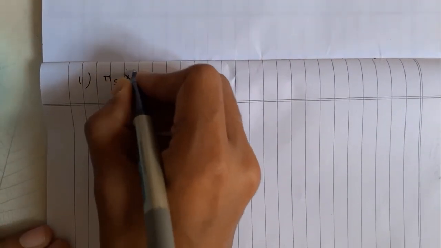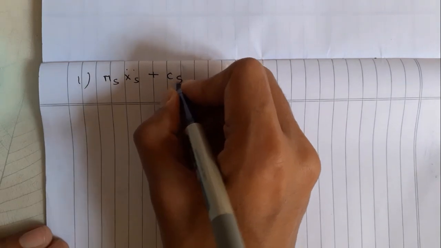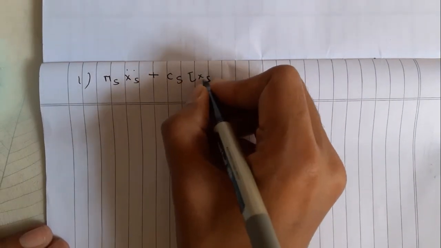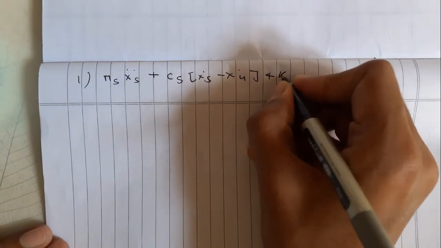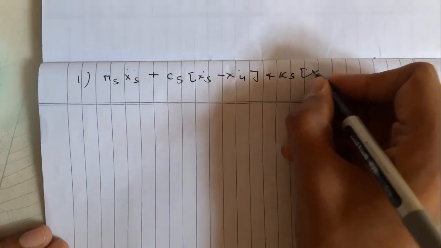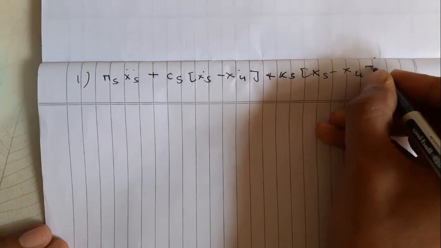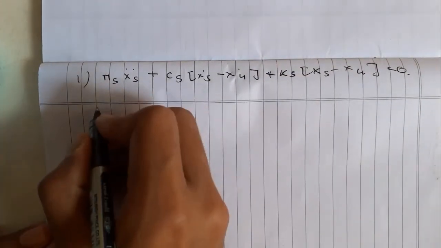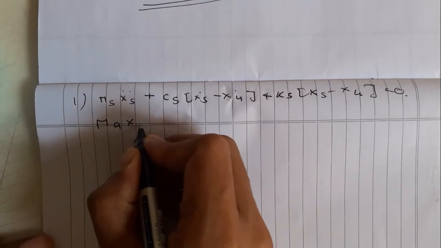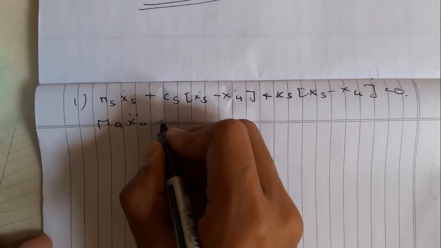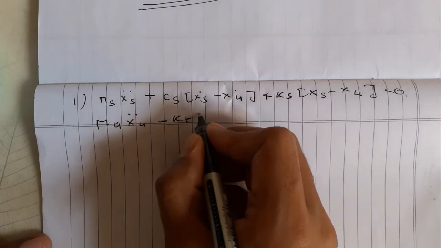So this was our equation earlier, ms xs double dot plus cs into xs dot minus xu dot plus ks into xs minus xu. What we will do is shift the equation.